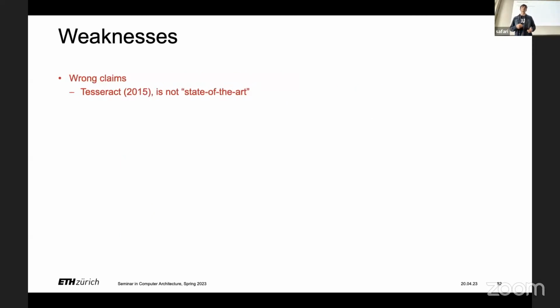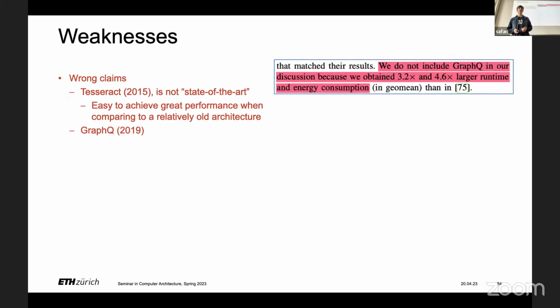Moreover, they are doing some wrong claims. They are saying that Tesseract, that is a work from 2015, is state of the art, but this is very much not the case. And it is very easy to achieve great performance when you're comparing to a relatively old architecture. They could have compared themselves with GraphQ, that is a work from 2019, but they decided not to do that because they simply couldn't reach the same results as the GraphQ paper.